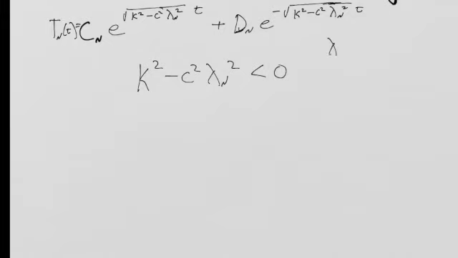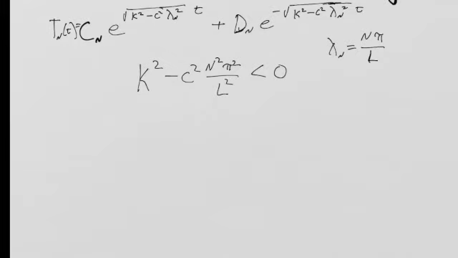First of all, lambda n is n pi over the scale length. So I can just replace this right away with n squared pi squared over L squared. That's important.